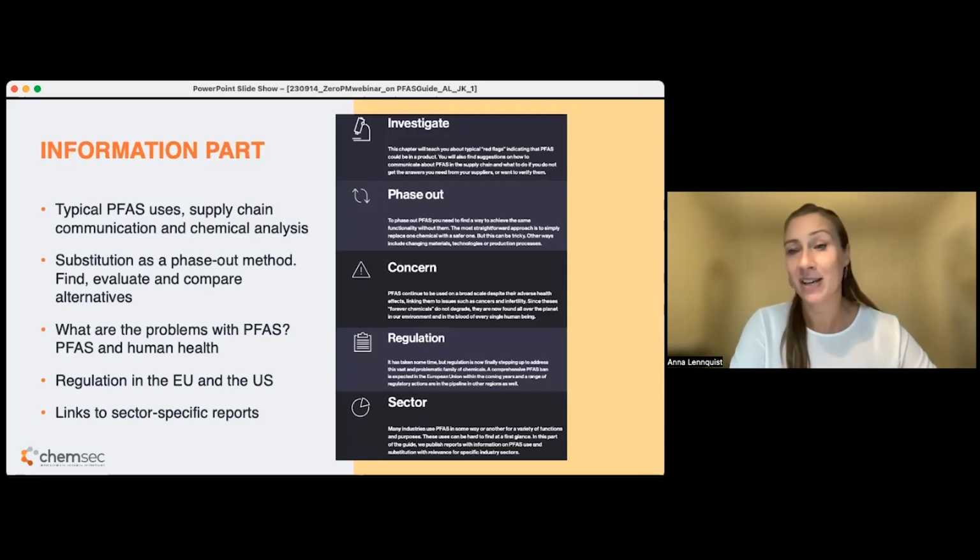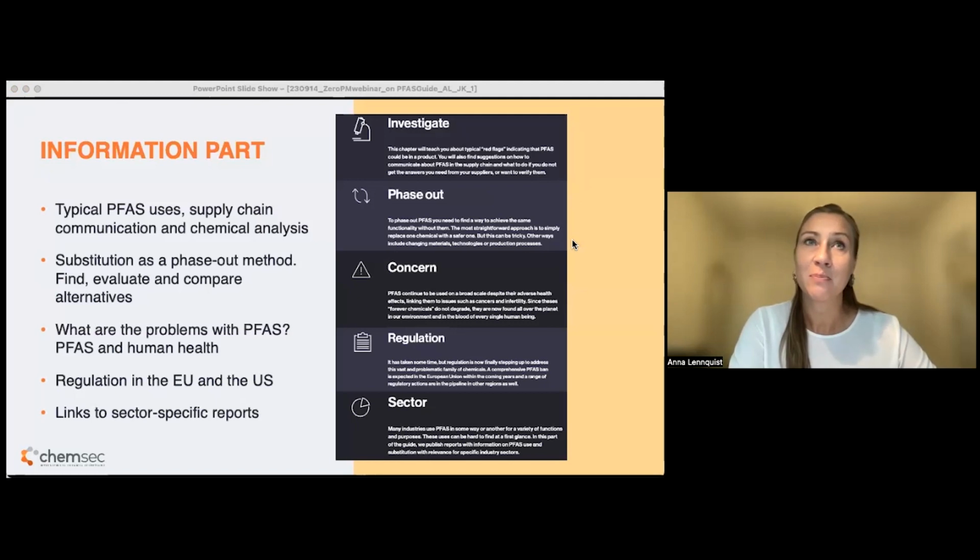And part of that investigate part also includes supply chain communication, because you need to get this information from somewhere, typically from your supplier. And this is also an issue that we know by experience is very challenging for many companies: to ask questions about the chemical content of the things you buy and to rely on the answer, especially when it's chemicals that are not yet regulated.